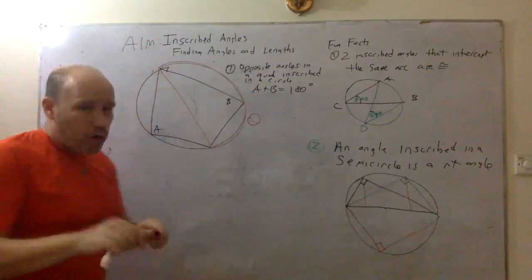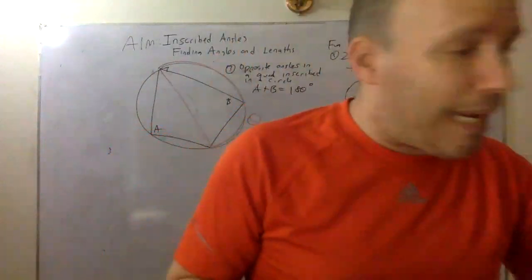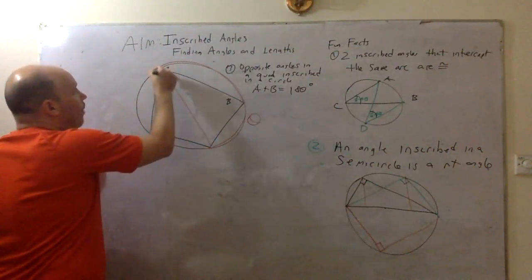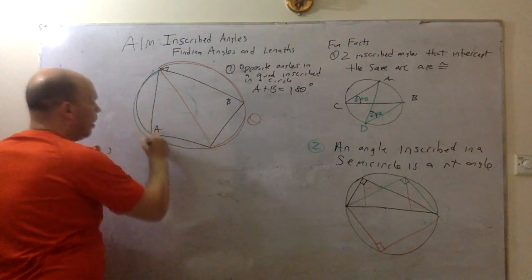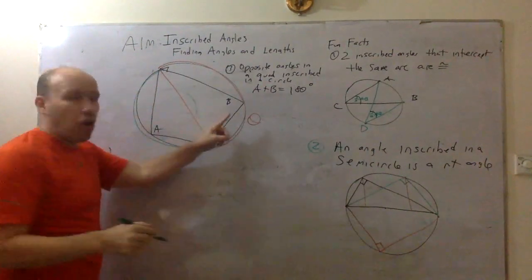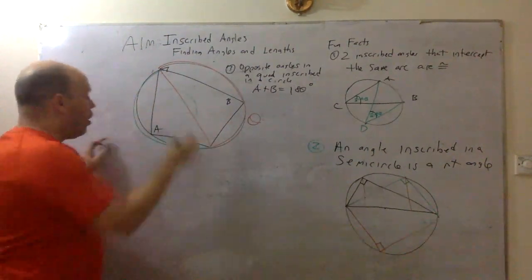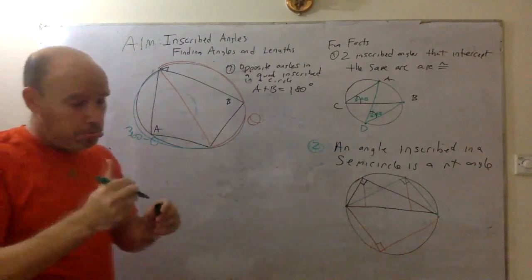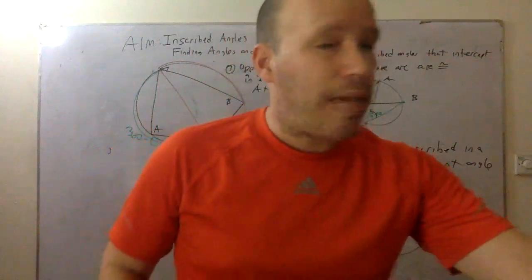What's left over for the remaining arc? Well, the remaining arc is the arc subtended by angle B. Now we know a circle is 360 degrees, so this part is 360 minus theta. Well, what is A plus B?